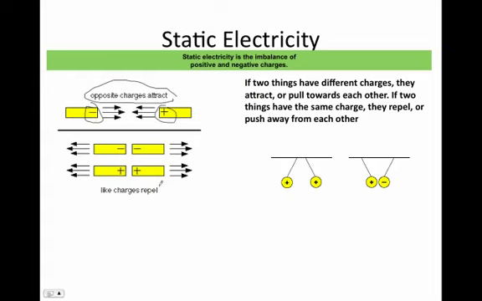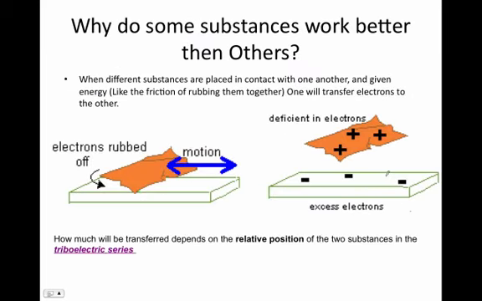And we also know that if substances have like charges, that means the same, they push away or they repel, like in this picture. So these are two pith balls, and what happens is these light little styrofoam balls with the metal over it, these two will push away from each other because they're both like charges, and these two would attract to each other.